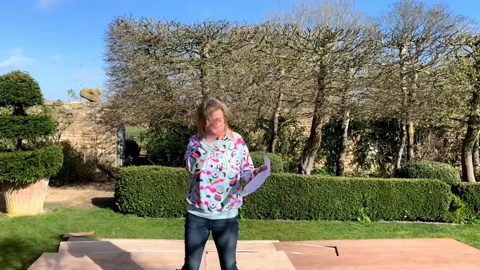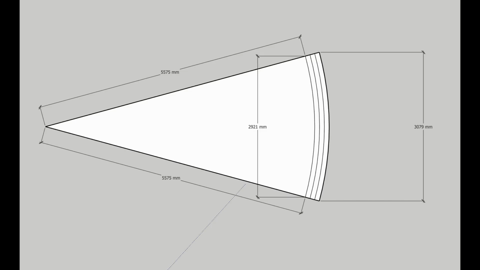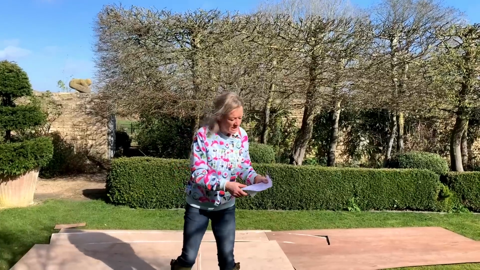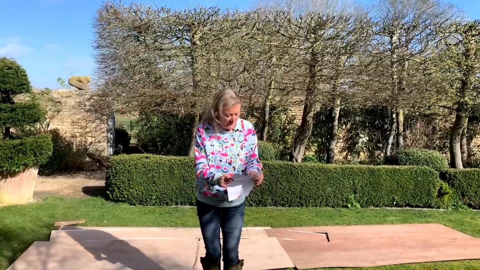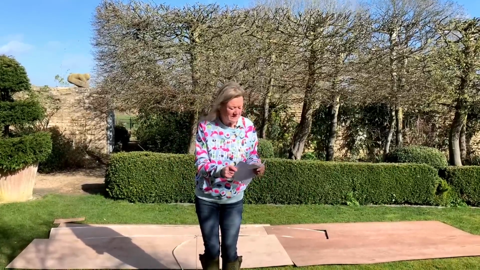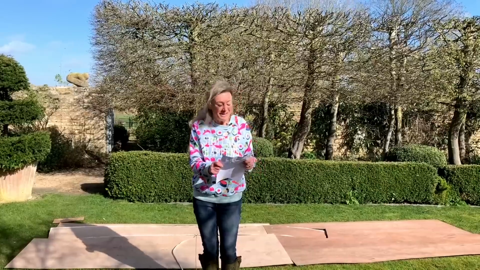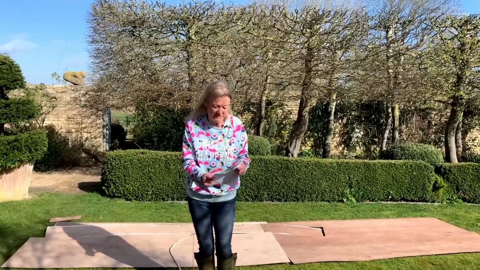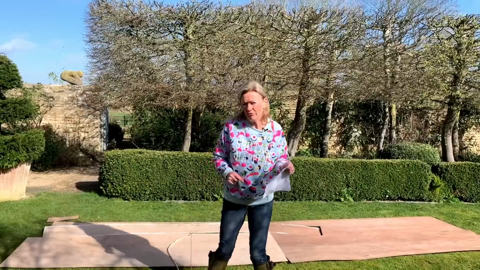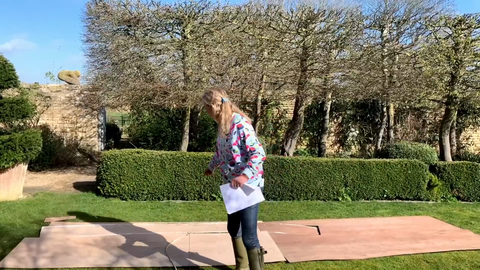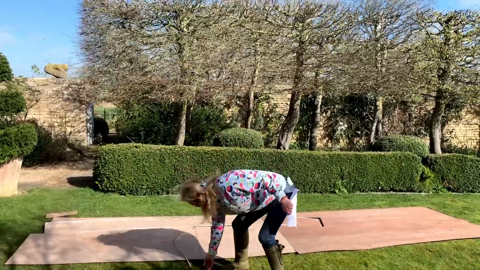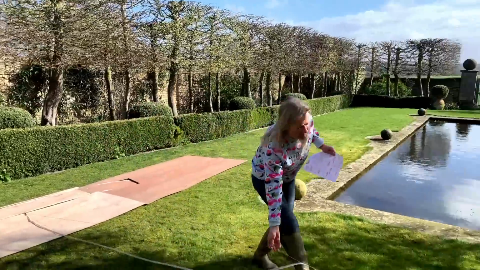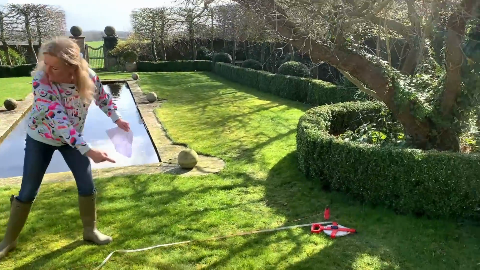So Unity worked out the actual radius that we need for the serpentine on the plan, and basically the internal radius is 5,575 millimeters, so just over 5.5 meters. What you do is you get a string line and you put it that internal radius from the edge.